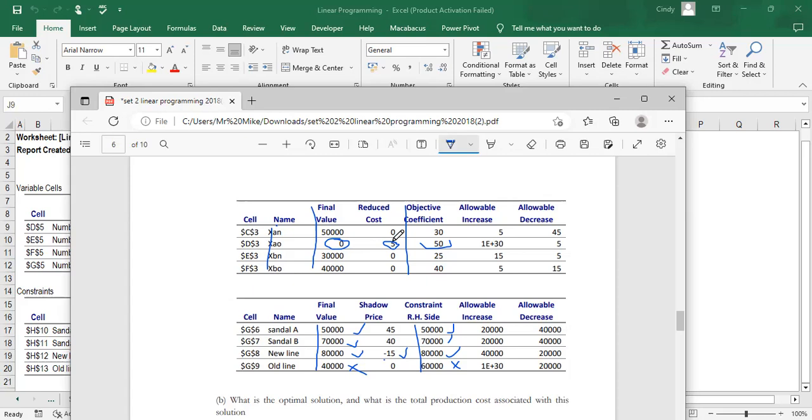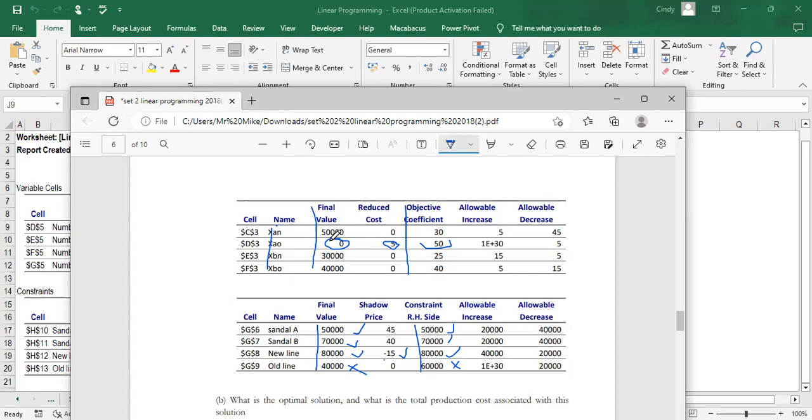You get it? So the reduced cost means you have to reduce the objective function or the objective coefficient for this product by 5. And when you reduce it, that is the only way it will have access towards a quantity that is greater than 0.